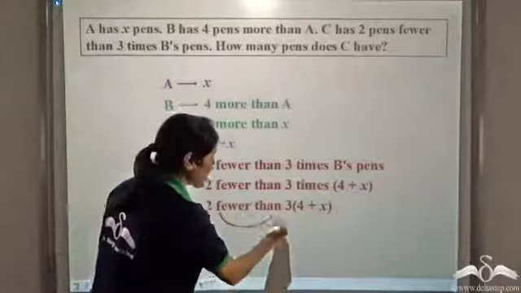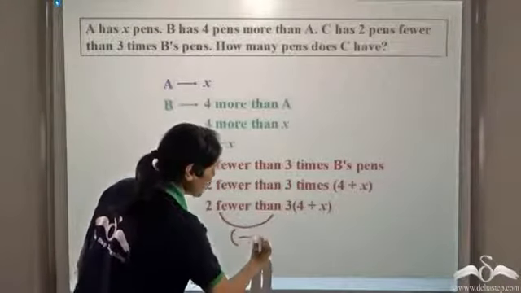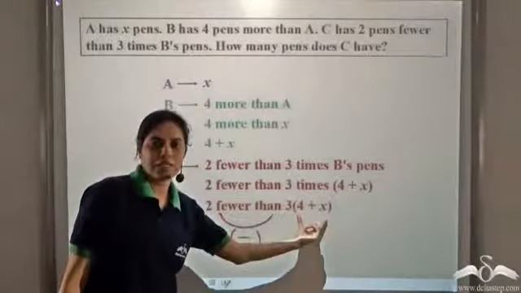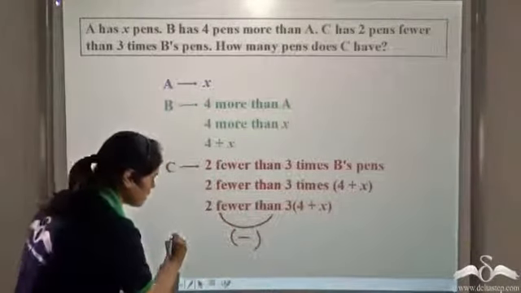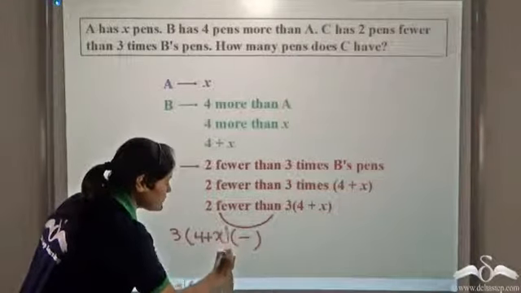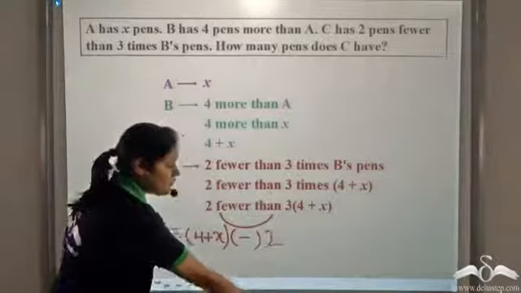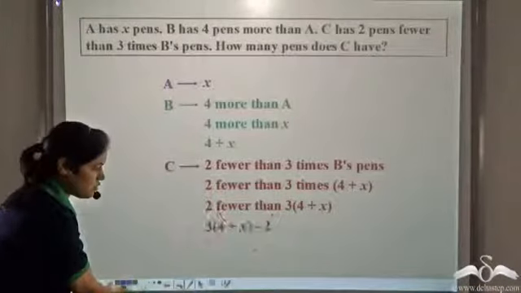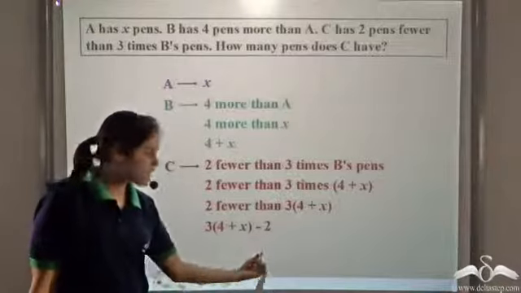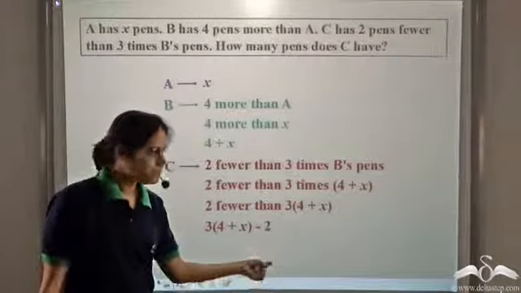Now fewer than stands for subtraction. 2 fewer than this means 3 into 4 plus x minus 2. So this gives 3 into 4 plus x minus 2.